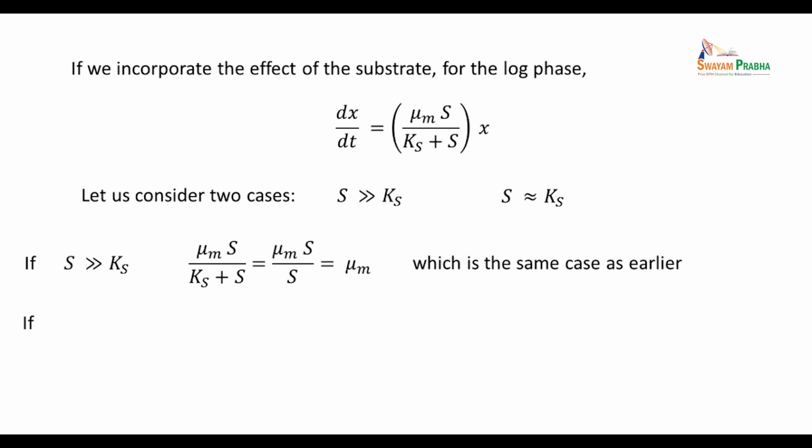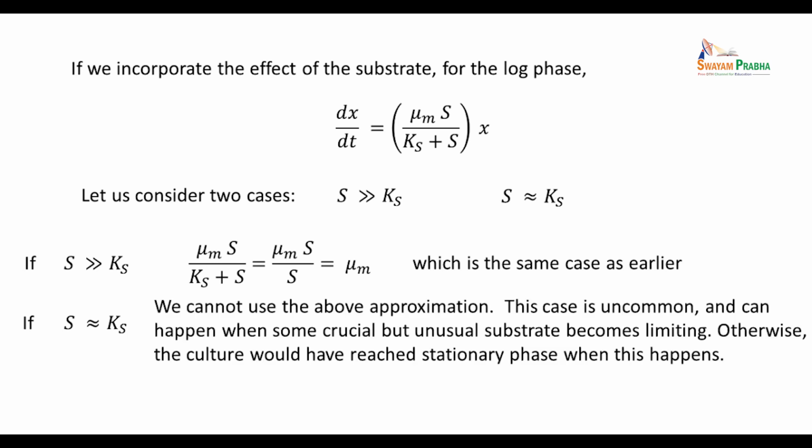Now, the second condition: if S is approximately equal to Ks, then we cannot use the above approximation. You cannot replace Ks plus S with S alone, because both are comparable. This case is rather uncommon in a batch bioreactor, and can happen when some crucial but unusual substrate becomes limiting.